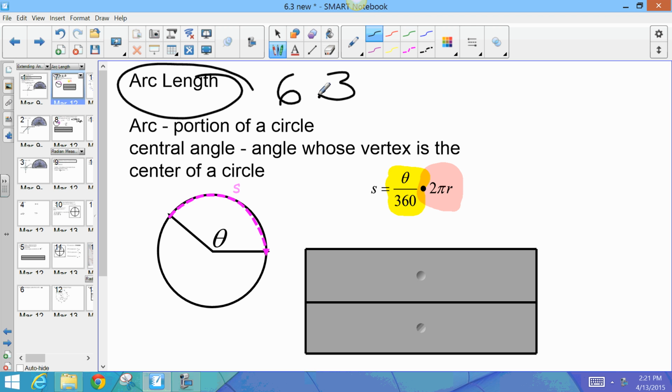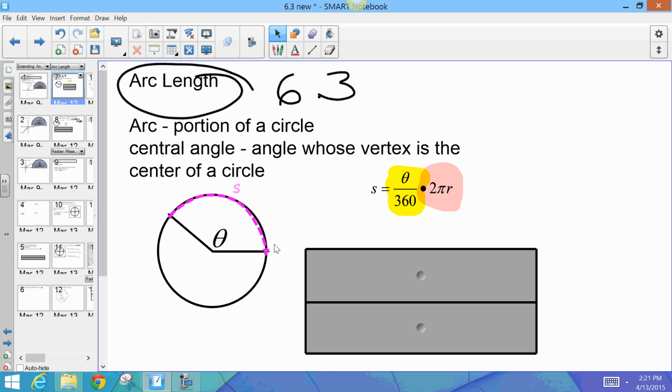So, first of all, we need a definition of what an arc is. An arc is a portion of a circle. And the definition of a central angle: an angle whose vertex is at the center of the circle. Here I've got a graphic for you, where I've outlined this in pink right here.